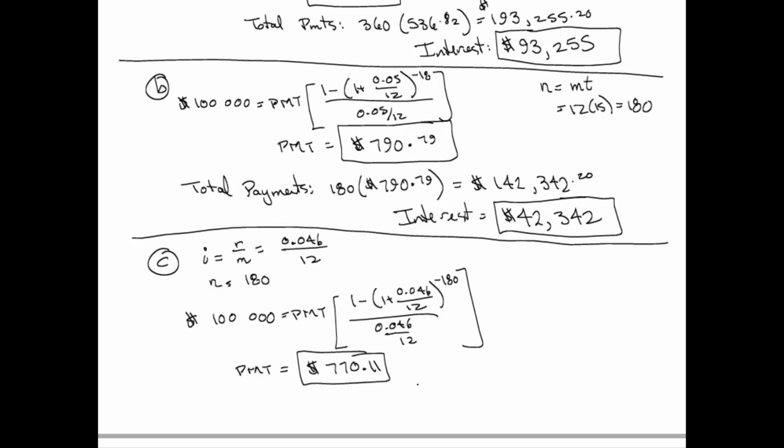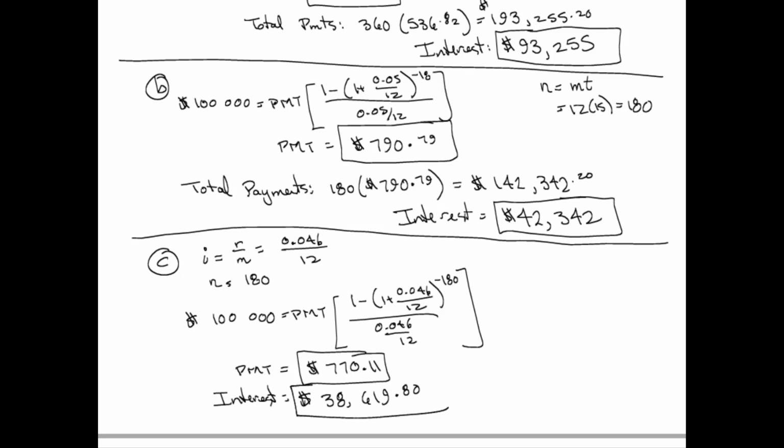And it turns out that the interest this way, remember, take the payment, multiply by the number of payments. When you do this, your total amount of interest paid will be $38,619.80.